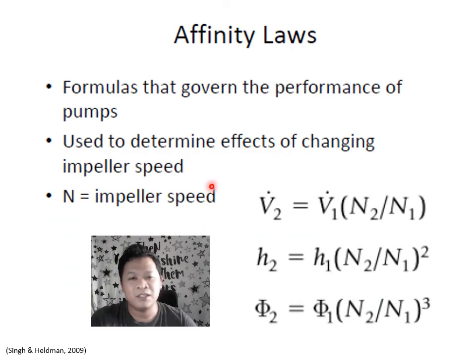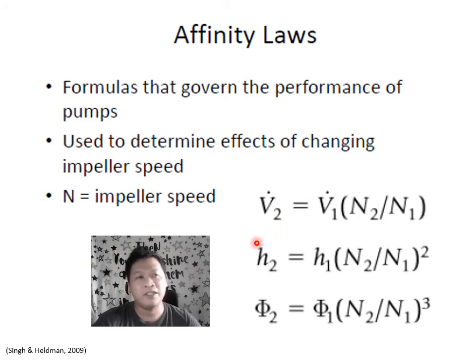Okay, so let's look at the formulas that govern pump performance. N is the impeller speed. So dimensionless naman yan kasi nagka-cancel out sila. You can have it in whatever RPM or ano mang unit na gusto mo. The volumetric flow rate is proportional to the increase in propeller speed.